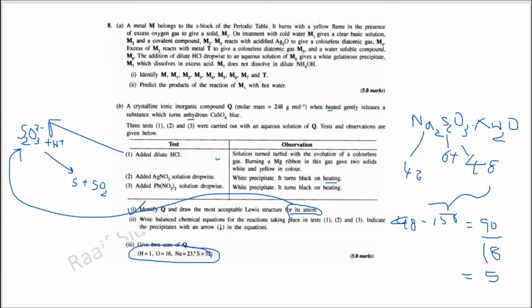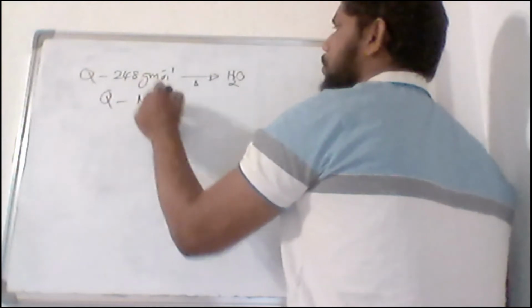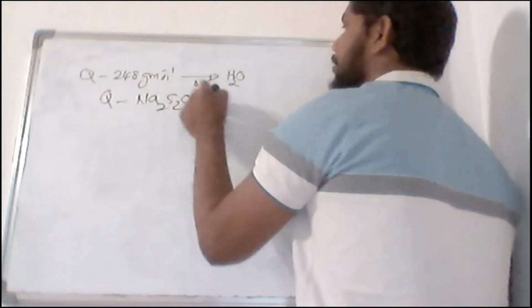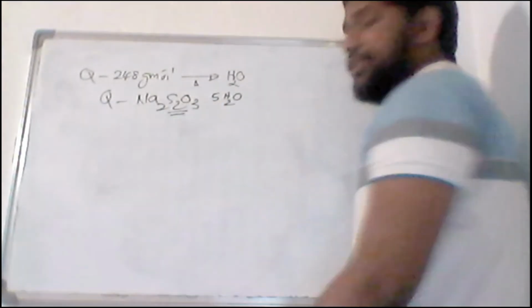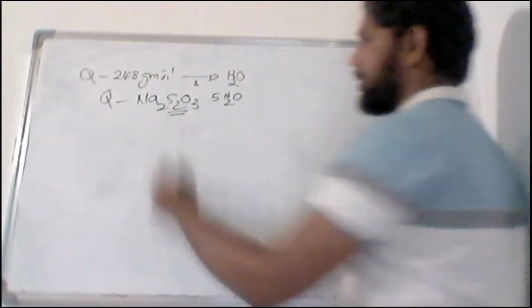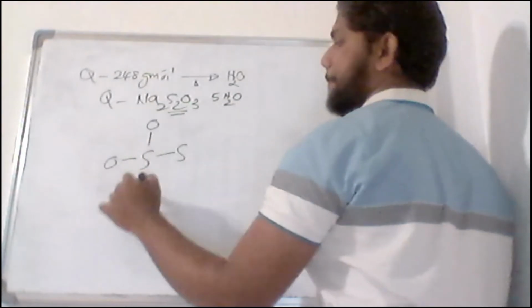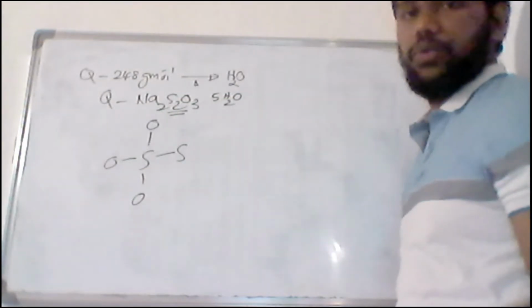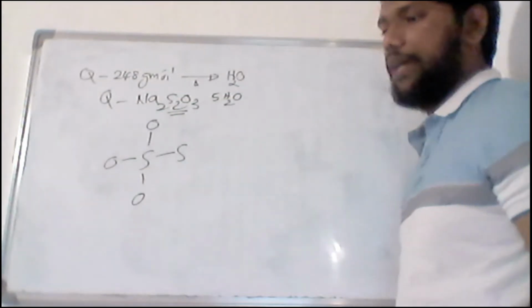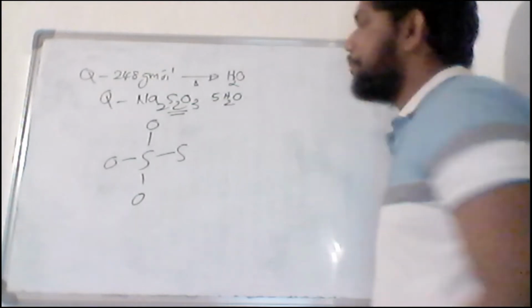Then we know Q is Na2S2O3.5H2O. Then you need to draw the Lewis structure of S2O3. So basically it will be like this. Always remember, when there are two sulfur, one of the sulfur will have mainly zero oxidation state.